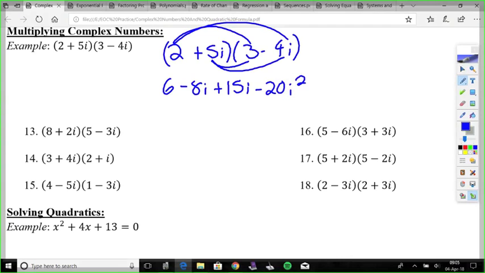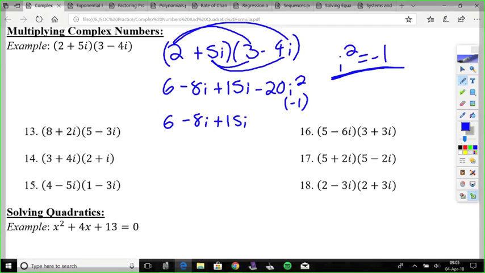So one big thing people forget is i squared. An i times an i makes i squared. But the other thing that they forget is that i squared is equal to negative 1. We're going to insert negative 1 in here for i squared. So let's look at this problem now. Okay, we have 6 minus 8i plus 15i. But think of this last part.